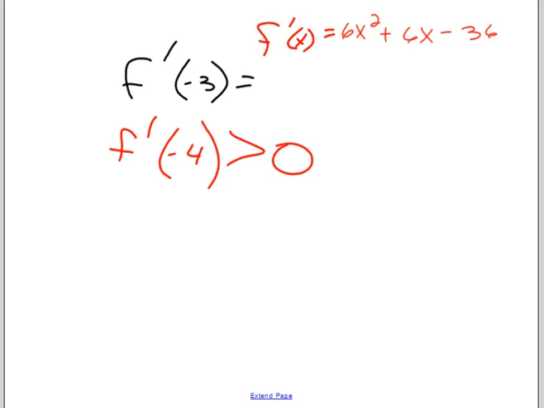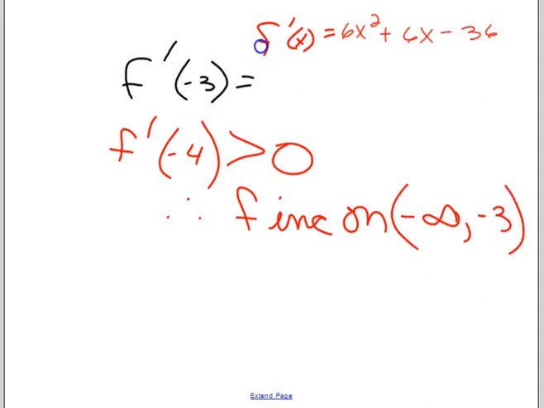So what I've just shown is that to the left of -3, f is increasing. There's not going to be any place else where it suddenly changes to decreasing over there to the left of -3.